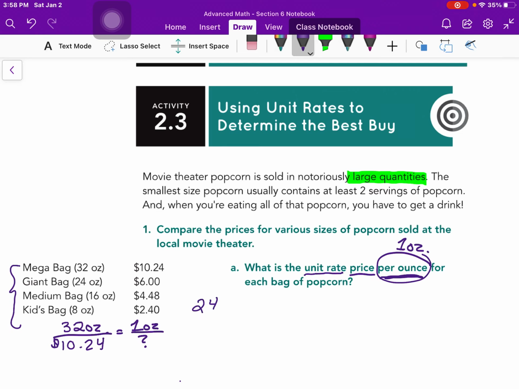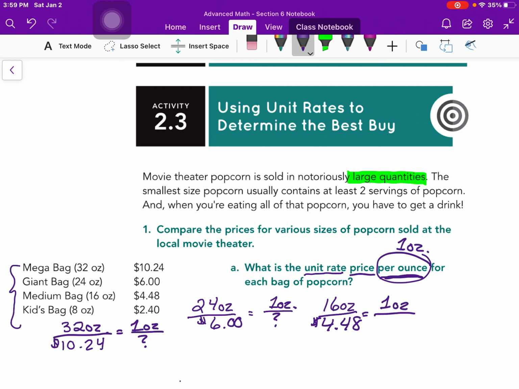Okay. Then you've got the giant bag for $6. And again, they want to know the price for 1 ounce. Then you've got the medium bag, 16 ounces for $4.48.